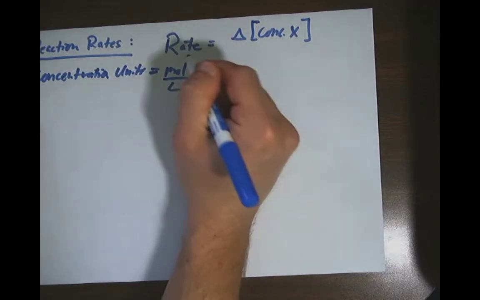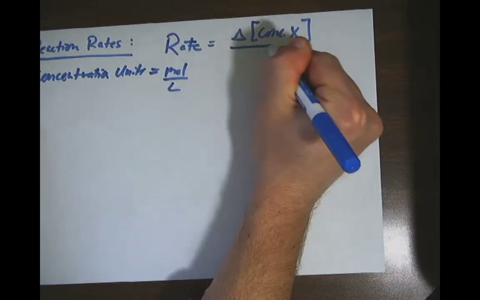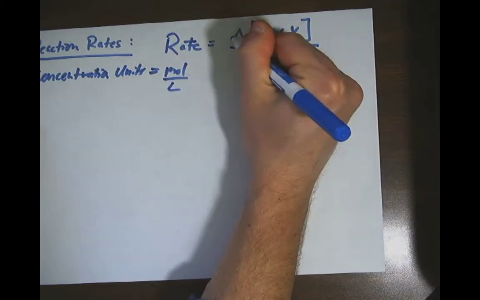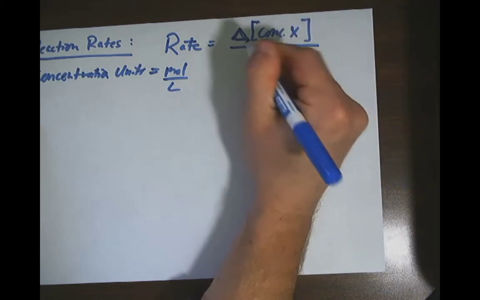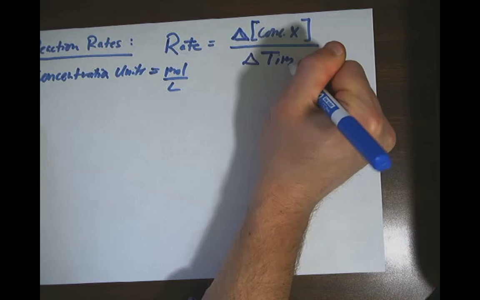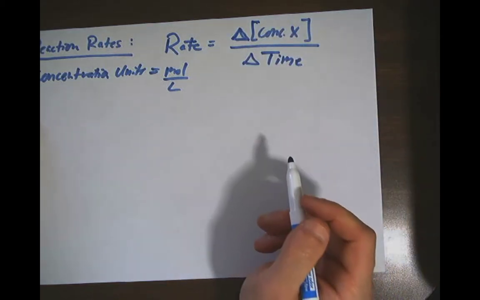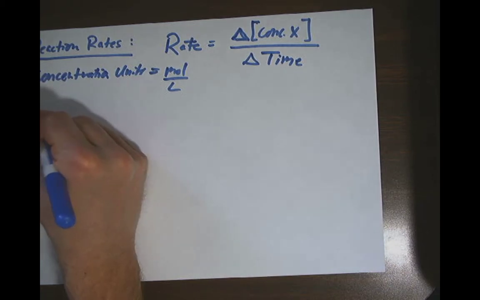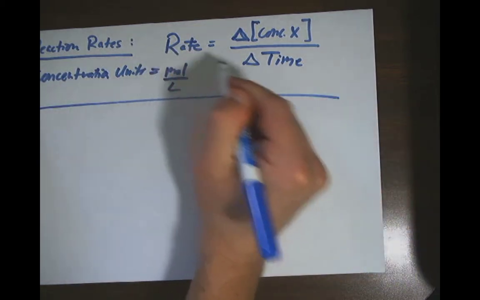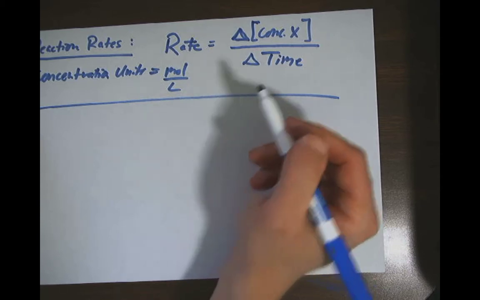And the rate, going back to our rate, so the rate is the change in that concentration, delta meaning change in concentration over change in time. Okay, so let's look at an example problem and put this reaction rate equation to use.